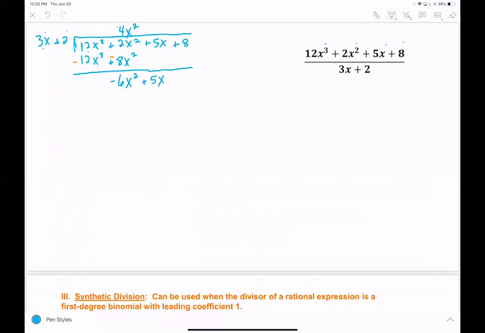Now we're going to repeat. We're going to divide the negative 6x squared by the 3x. That's going to give us a negative 2x. Now we're going to multiply negative 2x by the 3x and the 2. We get a negative 6x squared minus 4x.